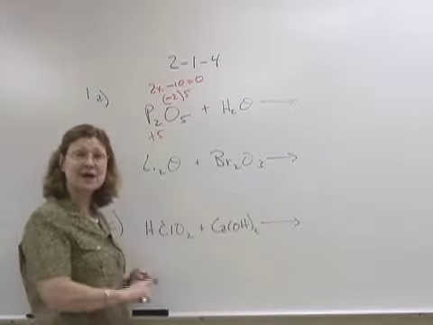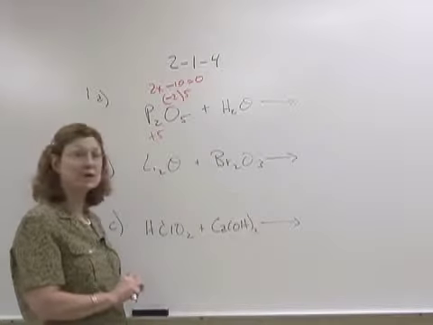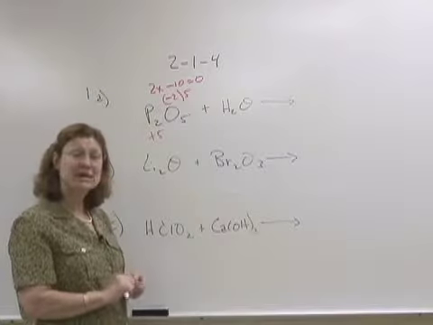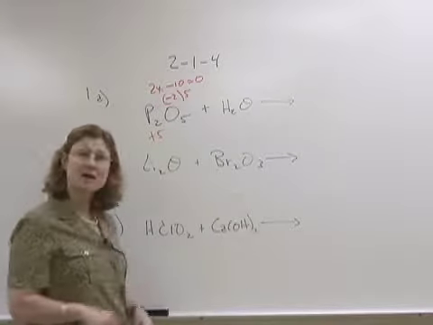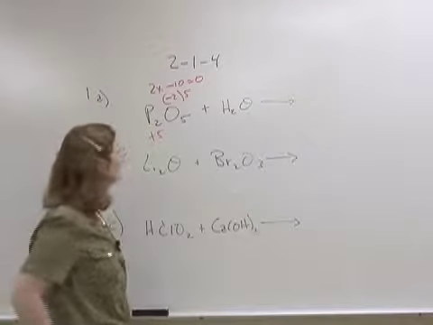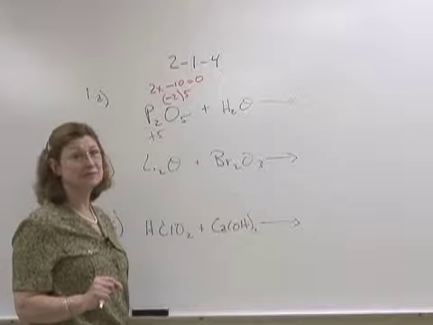Now, in acid anhydrides, it is extremely important for me to determine the oxidation number of the anhydride, because that will determine which one of the polyatomic ions that I will need to write. Phosphorus, we determined here, this nonmetal is +5.